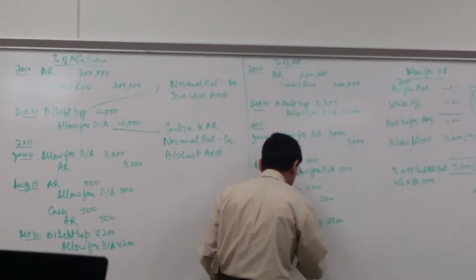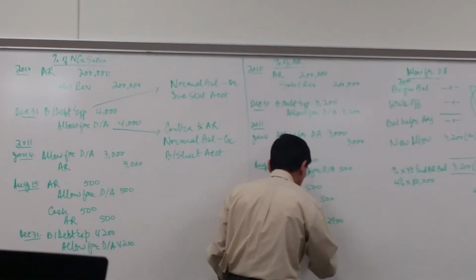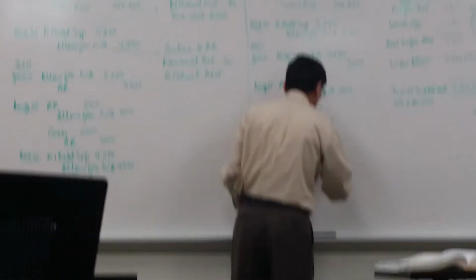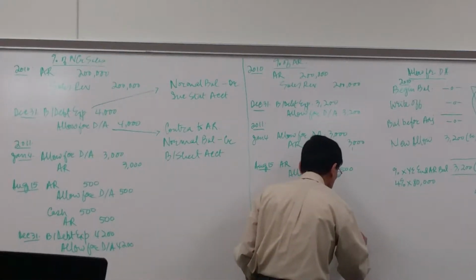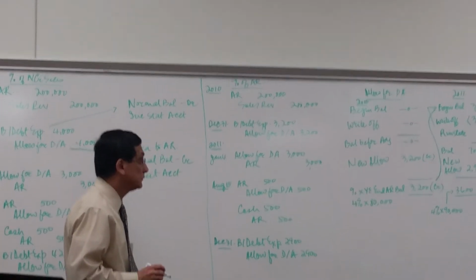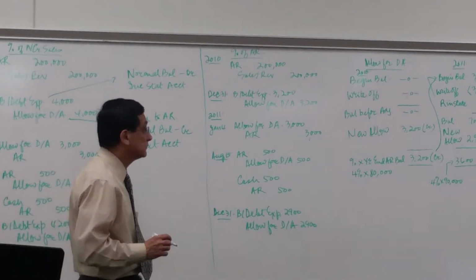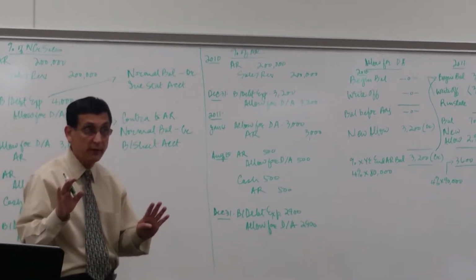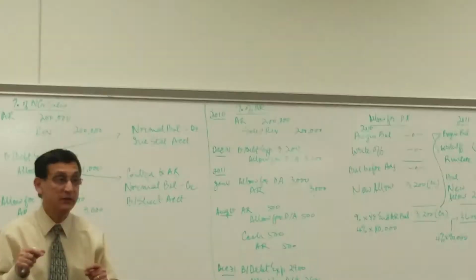And the allowance for doubtful accounts. Good? Do you see the difference between the two methods? The process as to how much allowance to create, that is different.